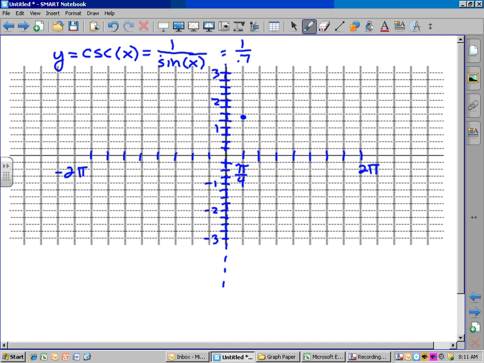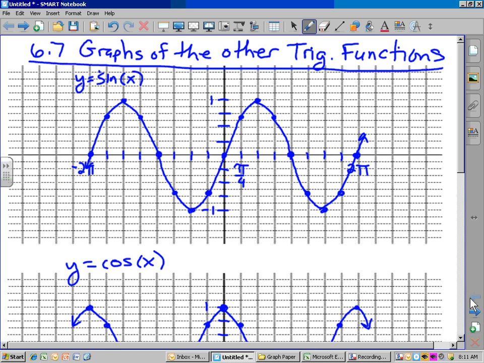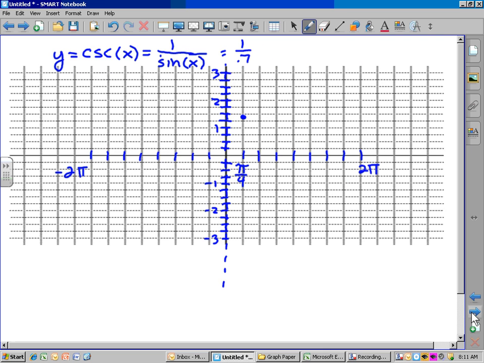What's the sine of 90? We look back here. Here's sine. The sine of 90 is 1. What's 1 over 1? 1. I don't think we need to figure that one out. So we got 1.